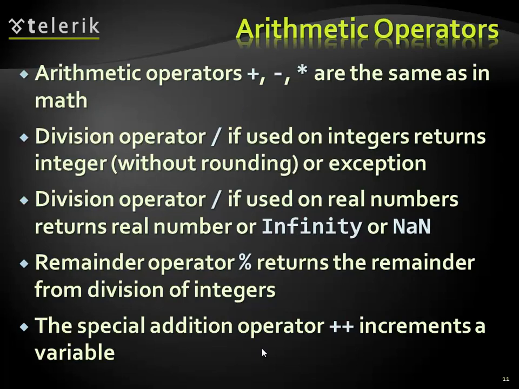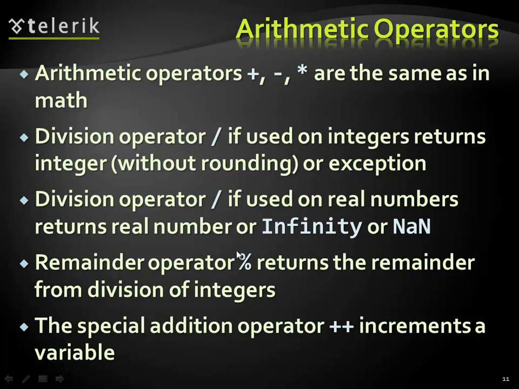So we'll start with the simple arithmetic operators, which are just like we said, the same as in mathematics. We have the plus, minus, and multiplication. We have the division, which takes two numbers and divides them. We'll see how it behaves with different types of numbers, for example with floating point numbers as opposed to integer numbers.